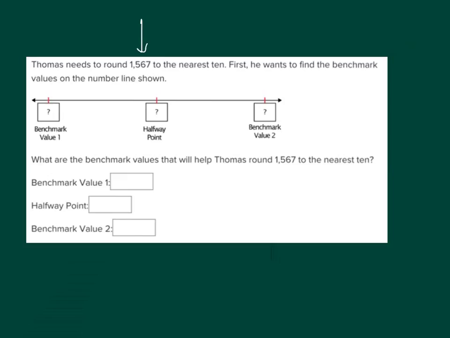The 6 stands for 6 tens, which is 60. The next 10 above 60 is 70, and halfway between is 65. So 60, 65, and 70 are the numbers used when rounding to the nearest 10.